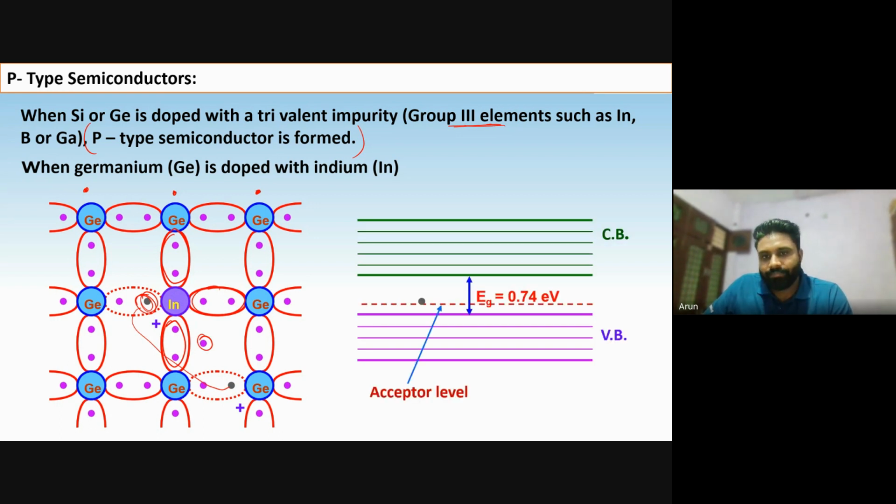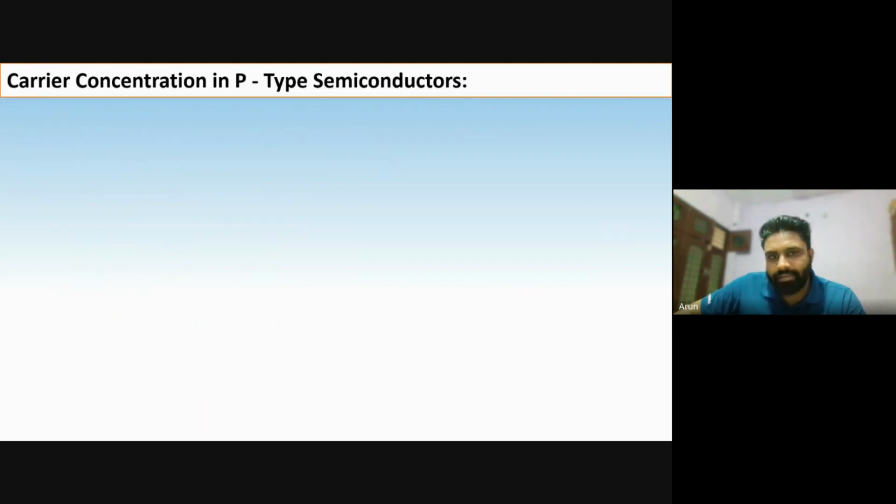These are the acceptor levels. This is also called the acceptor impurity, because it accepts the electron, and the previous one is the donor, which can donate the electron. You can see the energy levels of that. This electron will come to the conduction band again.